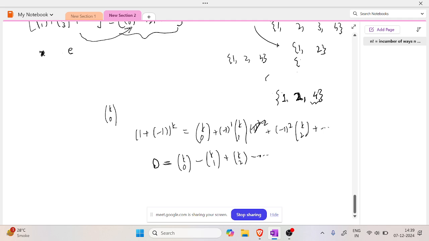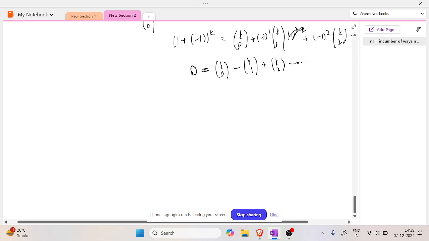So it is slightly more straightforward than the previous proof, but it does not give you as much insight as the previous one. Combinatorial proofs usually tend to give you more insight into the particular thing that you are doing.